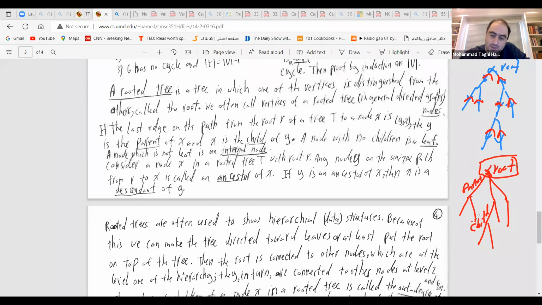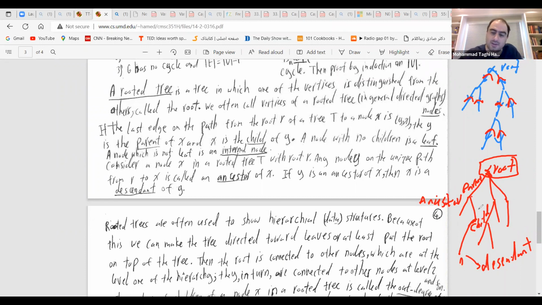If a vertex is more than one level down, this guy is called an ancestor, and the one below is a descendant. So ancestor and descendant would be essentially the same as parent and child if that guy is just connected directly to the other.